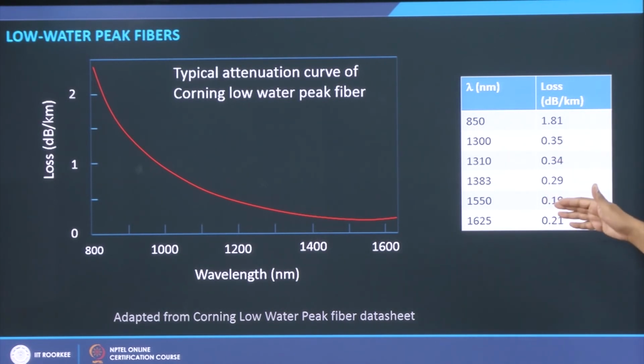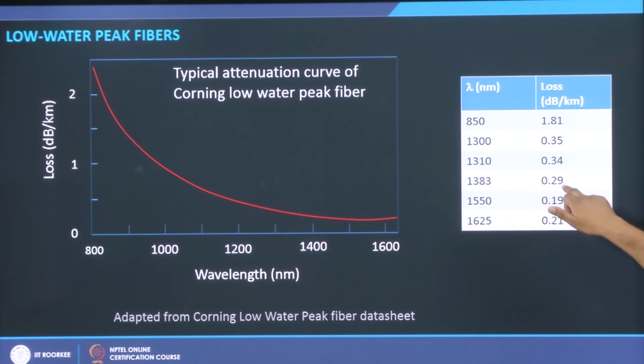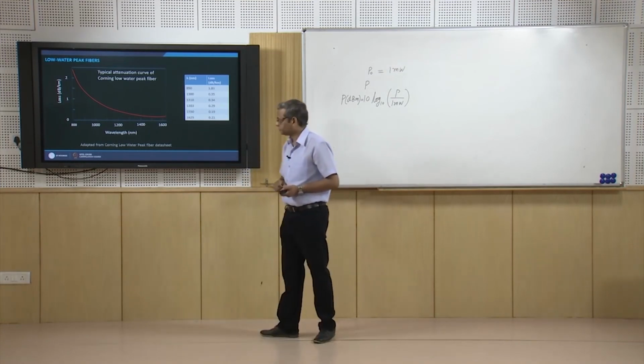So, you can see near 1380 nanometer wavelength where we had a very large water peak, now it has loss of only 0.29 dB per kilometer. Okay. At 1550 it has a loss of 0.19 dB per kilometer.